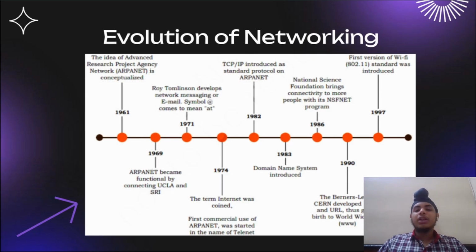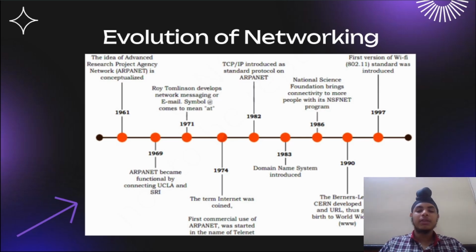Like if UCLA scientist A is communicating with Stanford Research Institute's scientist B, A's address would be A@UCLA, and B's address would be B@Stanford. That's why we know the name of the person we are communicating with, and also the domain or the network we are communicating with.